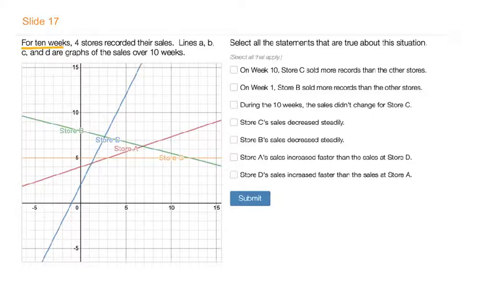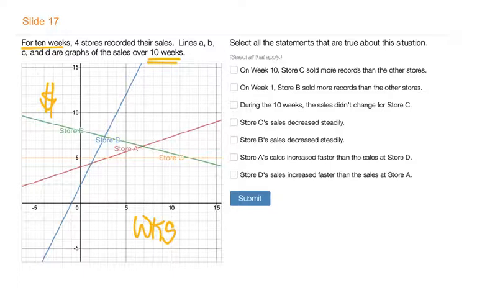Lines A, B, C, and D are the graphs of the sales over 10 weeks. So here's 10 weeks. The graph, this must be the money. This is weeks. And now we have to do some selecting of all that apply based on the graphs.